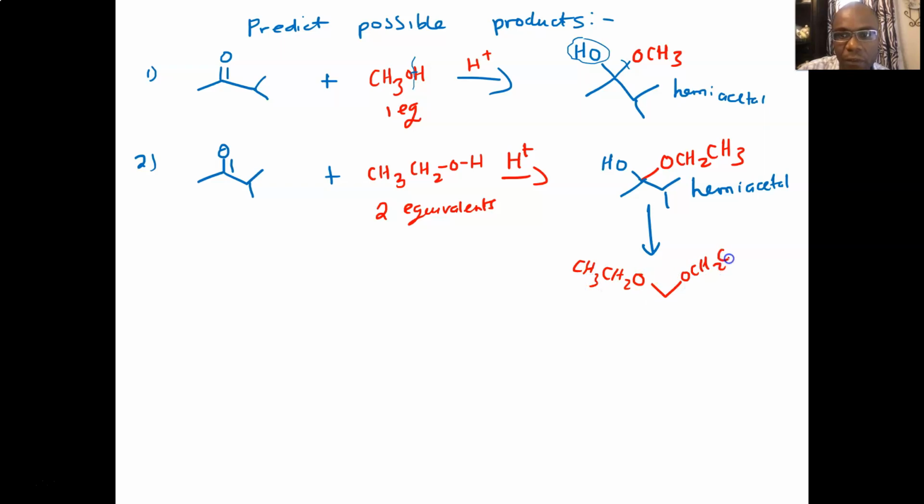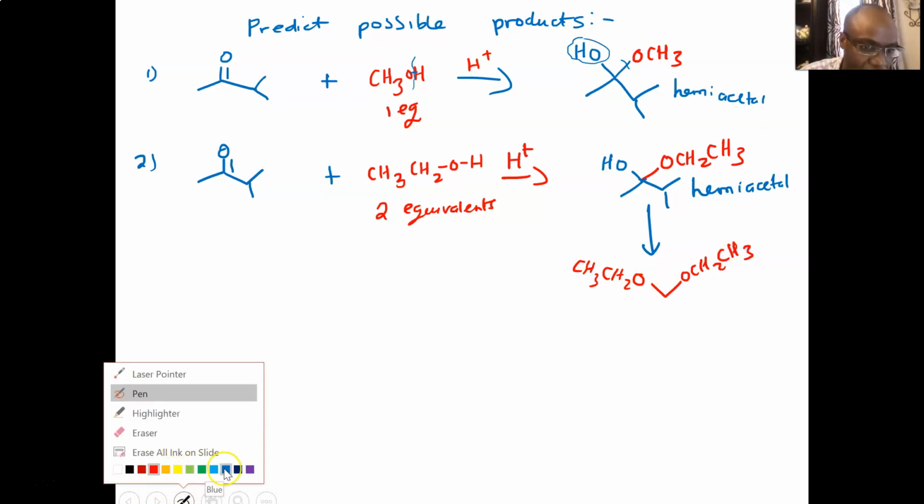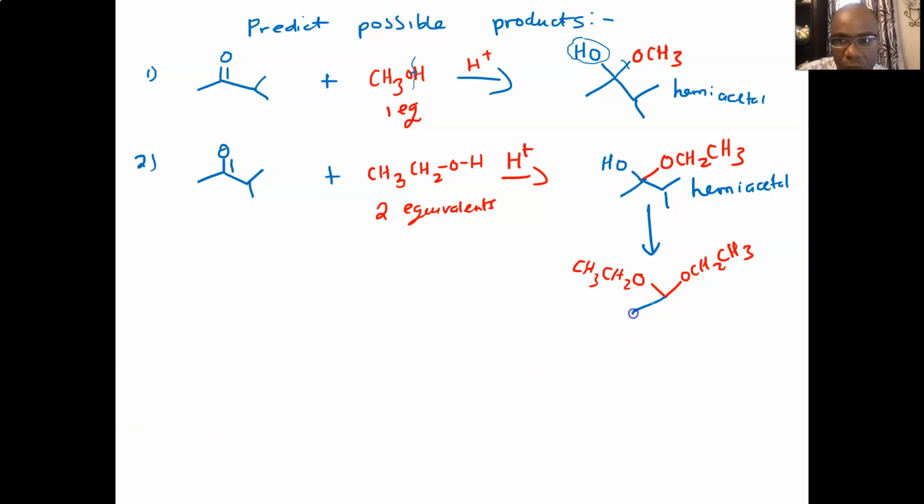In this case, the ORs comes from the alcohols, and then the carbonyl backbone stays the same. Okay, so notice that the carbonyl is gone. It's replaced by the two OR groups from the alcohol. That's the shortcut. You end up with an acetal. So whenever you have excess of the alcohol, you end up with an acetal.